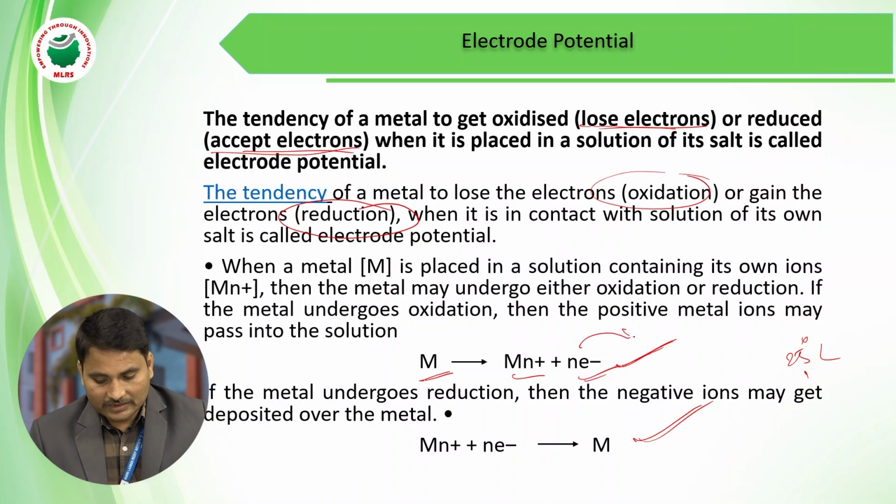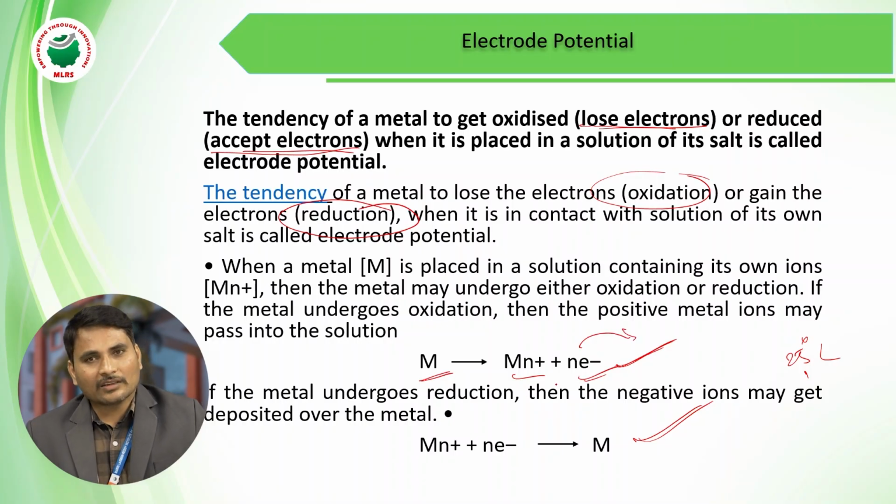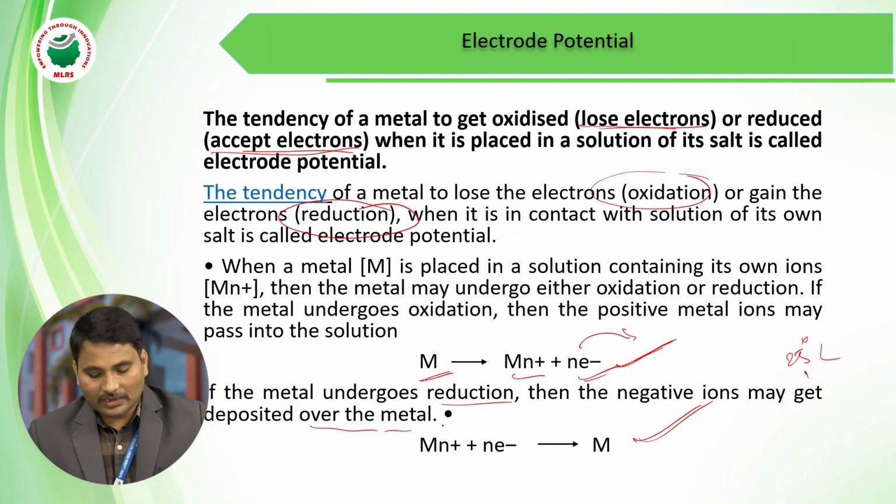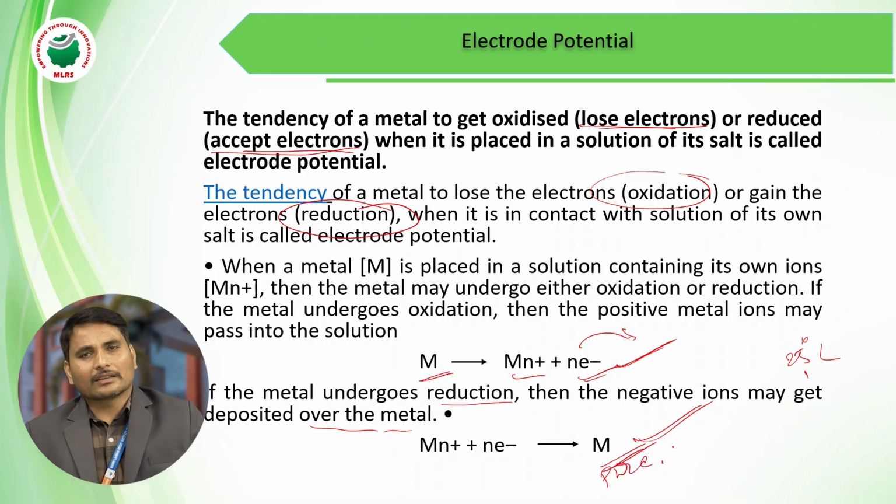These electrons move towards the cathode in a cell or a battery. If the metal undergoes reduction, then the ions get deposited over the metal, to show that we are getting the pure form of metal at the cathode.